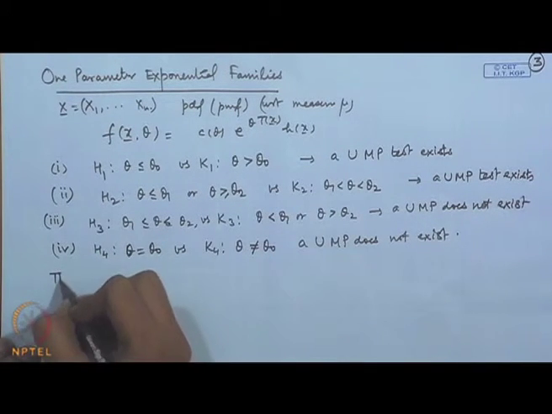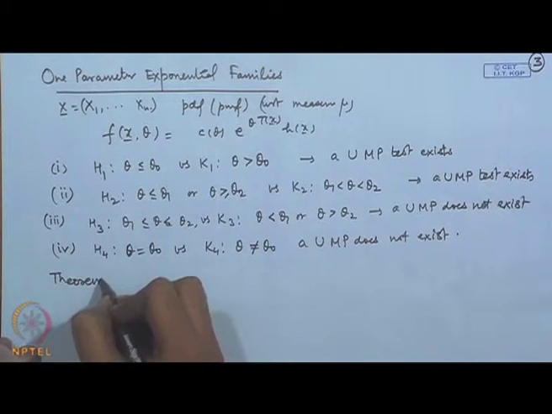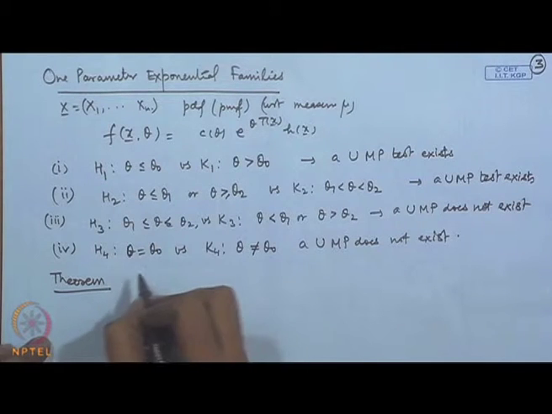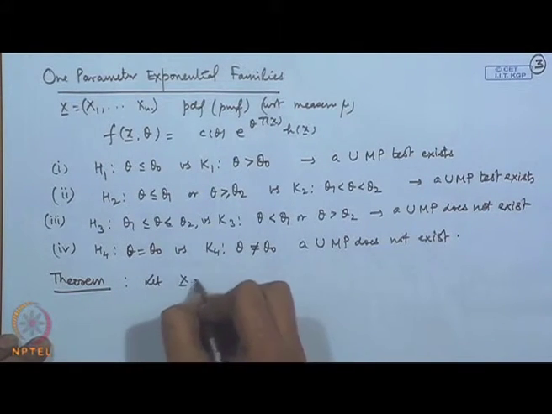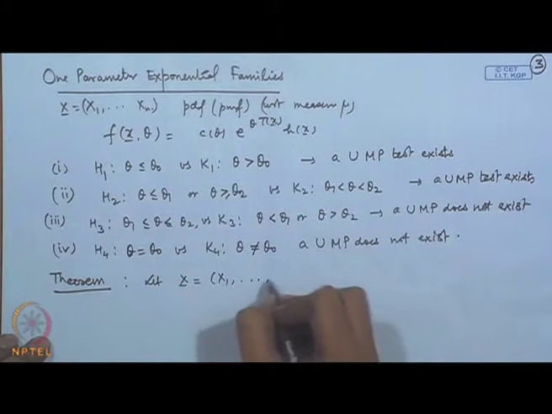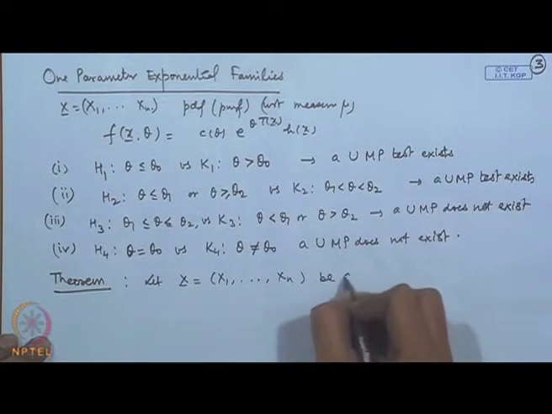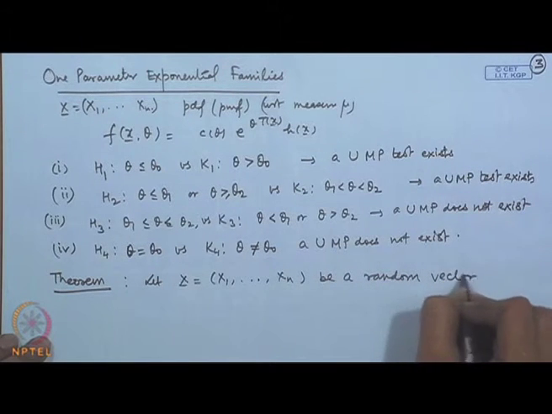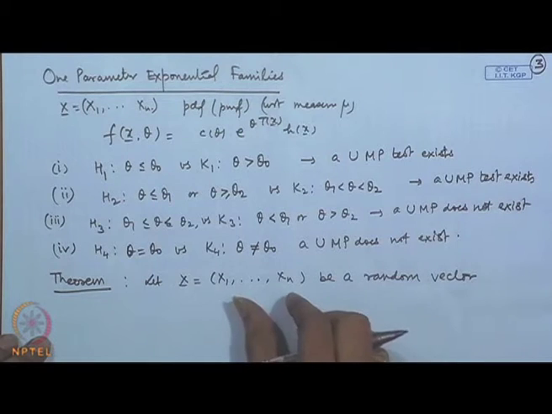So, this is stated in the following theorem. For detailed proofs you may look at the book of Lehmann or Rohatgi. Let X be a random vector. When we consider the random sample, we generally write the joint density.